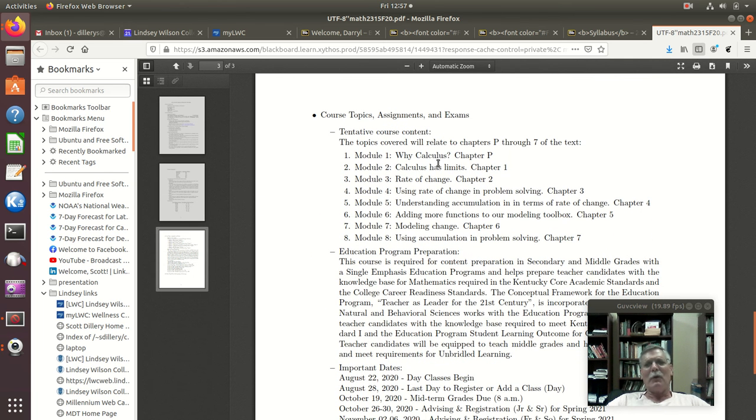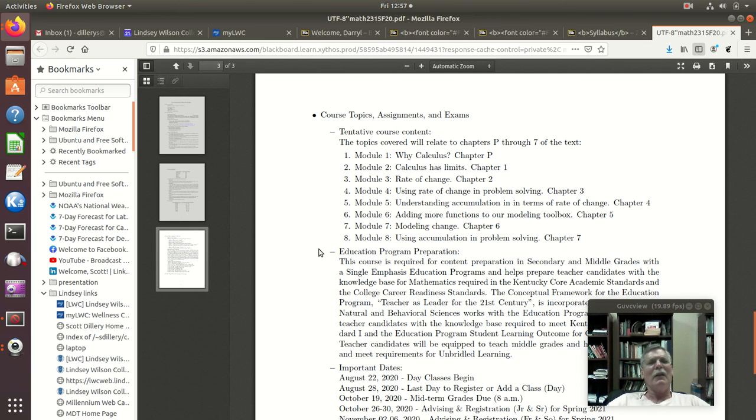Topics. We hit quite a few topics. We start with Chapter P. Now these first 2 modules are each a week long, and then the rest are each about 2 weeks long, because we really only have about 13 weeks of classes.